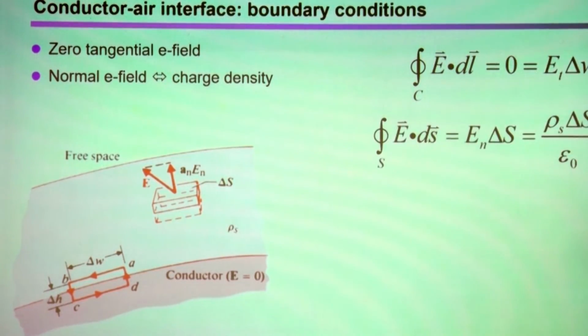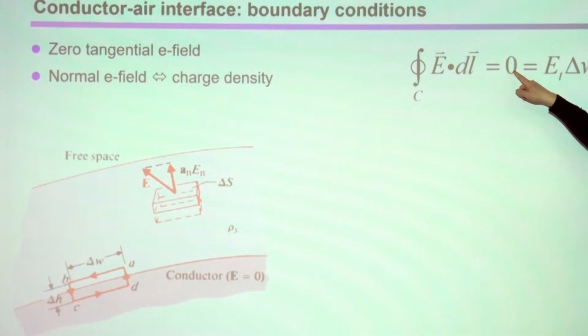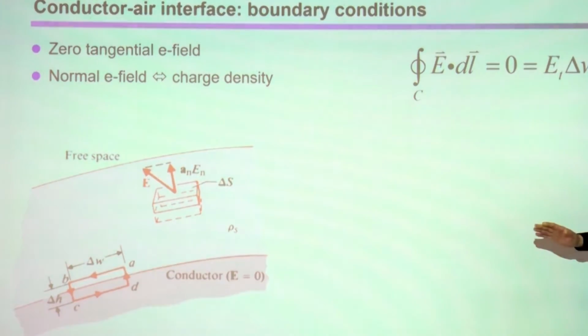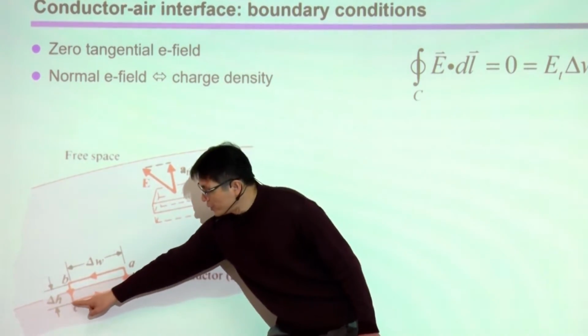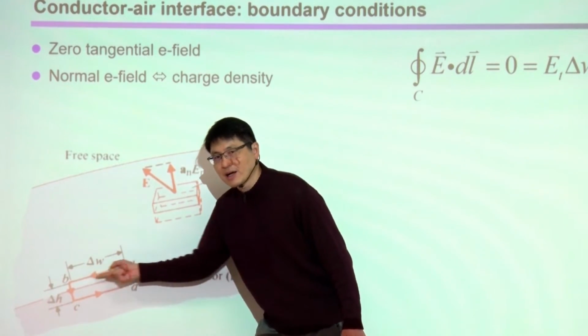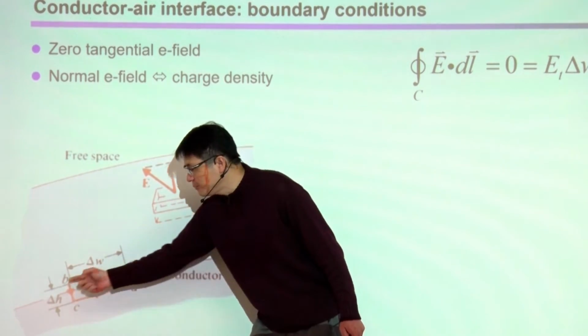But as we talked about, fields inside the metal are 0 everywhere. So here, you don't have any contribution. Therefore, you cannot have any contribution from AB.